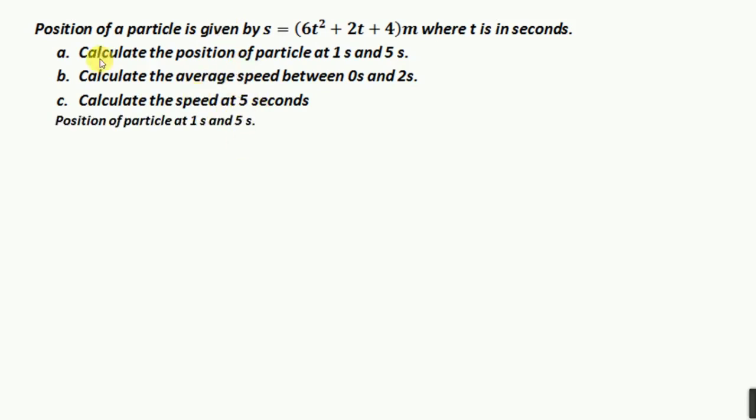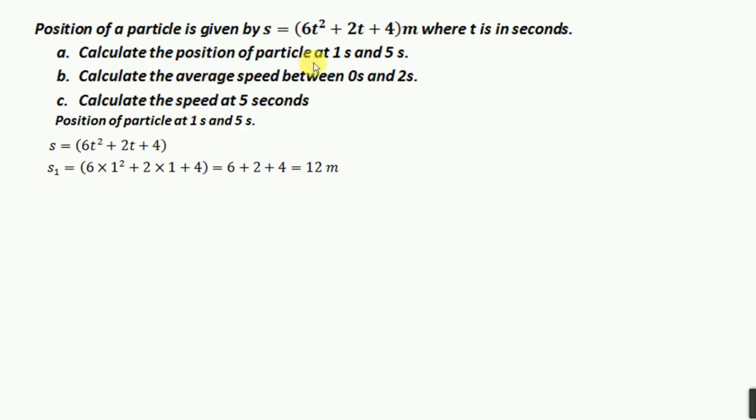So let's find the position of the particle. The equation for the position is this. Now in order to get the position at 1 second, I have to put in the time. So I'll write s1, meaning the position of the particle when time is 1 second. If you put t is equal to 1, you will get 12 meters.